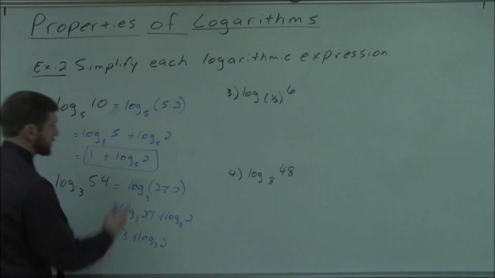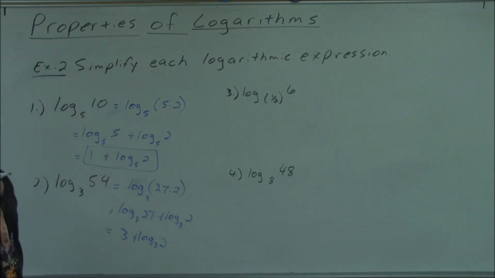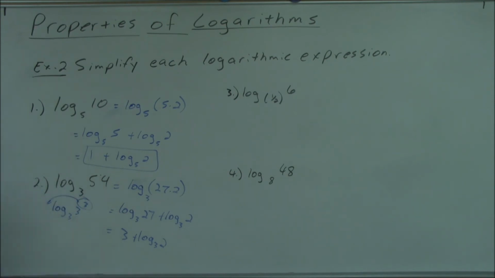Not much we can do with that, so it's very similar to the one we had before there. You could look at it, again, there's a lot of ways we could look at these. I could look at 27 as 3 to the 3rd, and then use my power property to bring the 3 down, and then be left with the 1. But no matter how you evaluate the log base 3 of 27, you're going to end up with 3 for that.